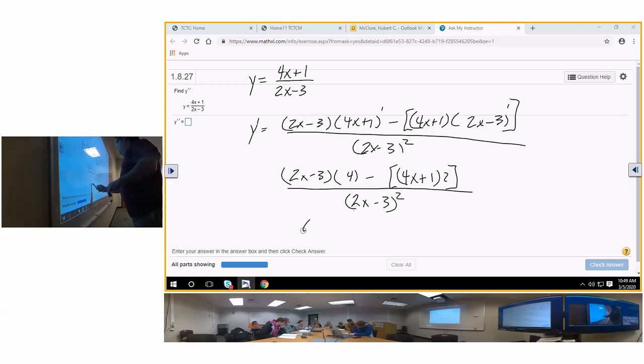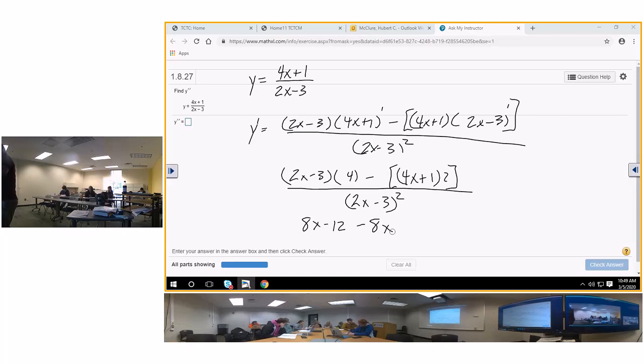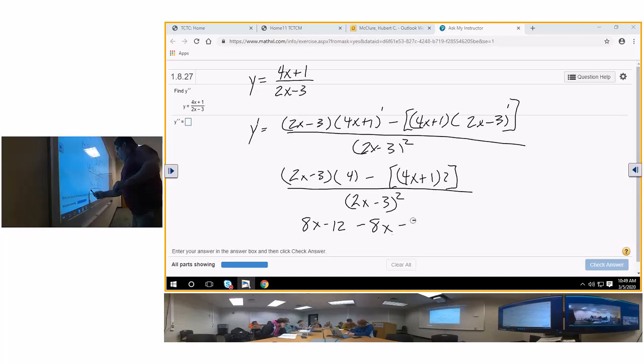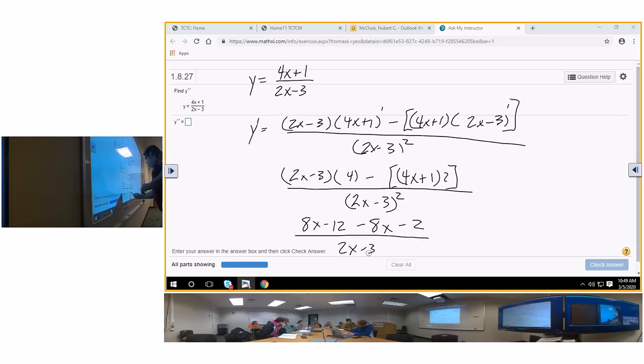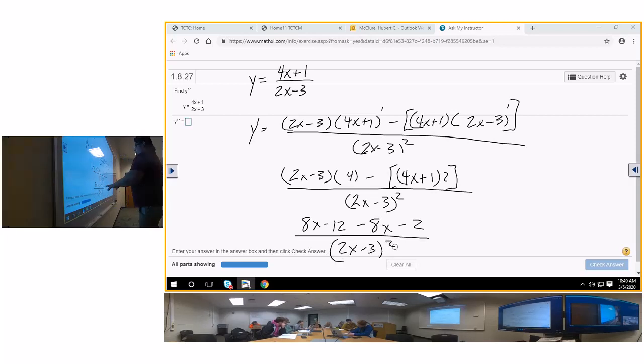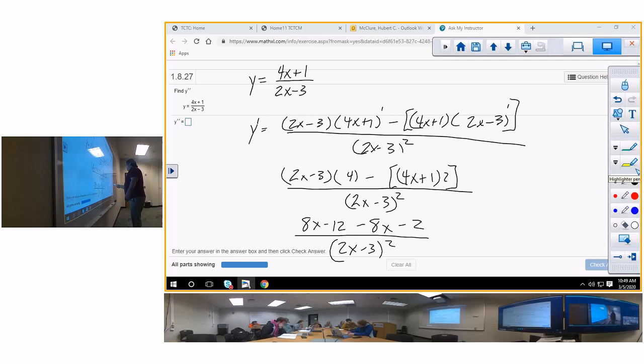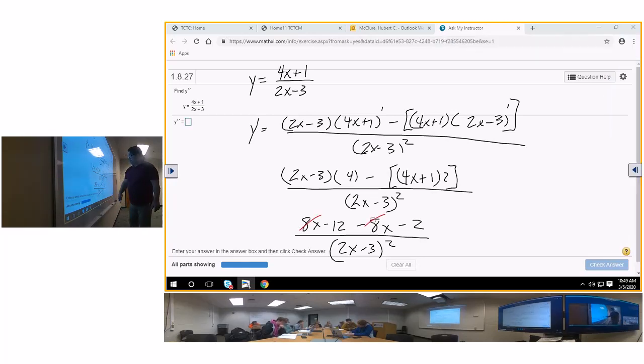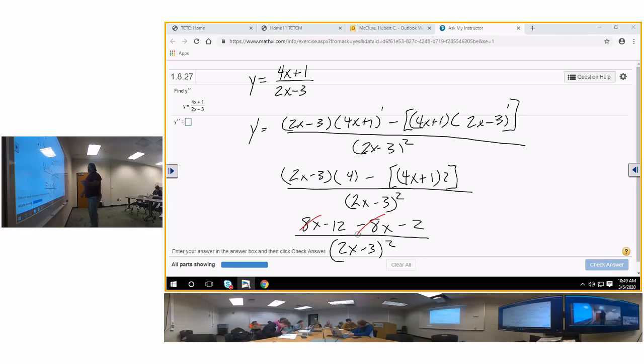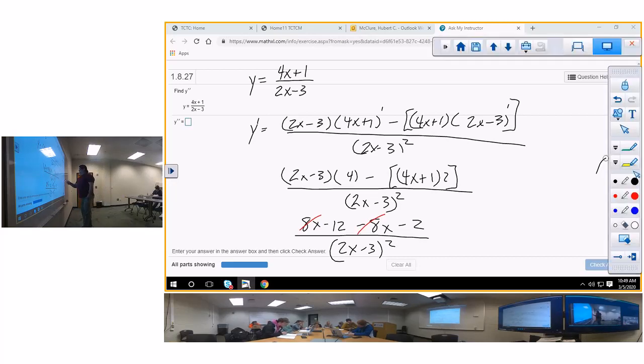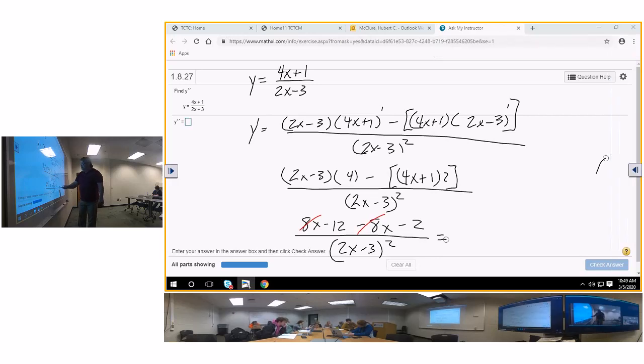And that's going to be 8x minus 12 minus 8x minus 2, check my math there, over (2x minus 3) raised to the second power, and the 8x's cancel if I've done everything right. And negative 12 minus 2 is negative 14. So our first derivative is negative 14 over (2x minus 3) quantity squared. So let's make that small.